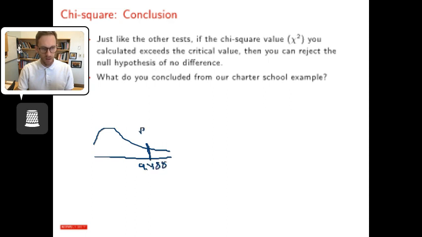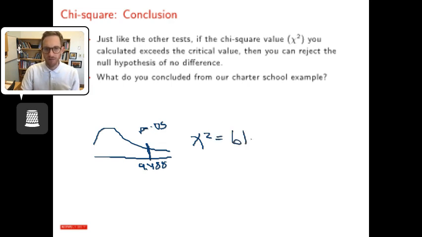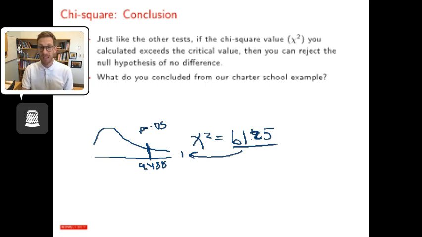Well, when we calculated it, we found that our chi-square value was roughly 61.2425. Okay, so we're way out here, right? We're way in that tail. So if we were to calculate the p-value of this, it would be really small, really close to 0.